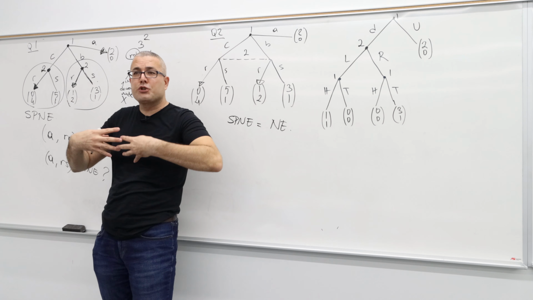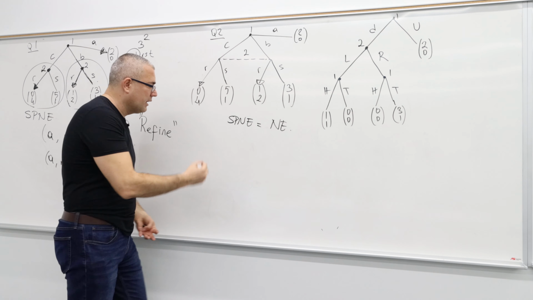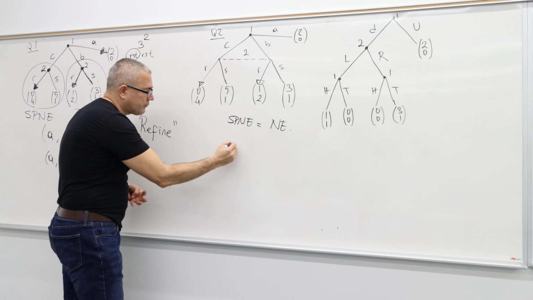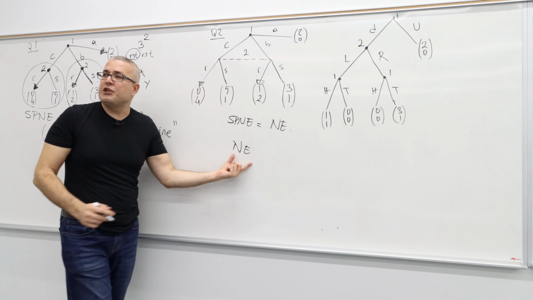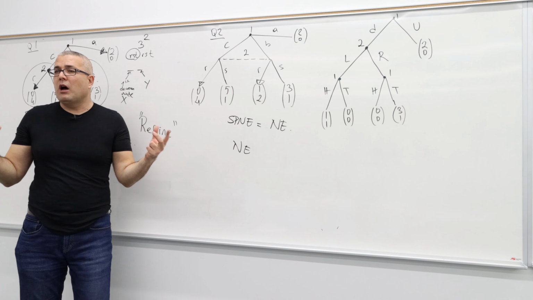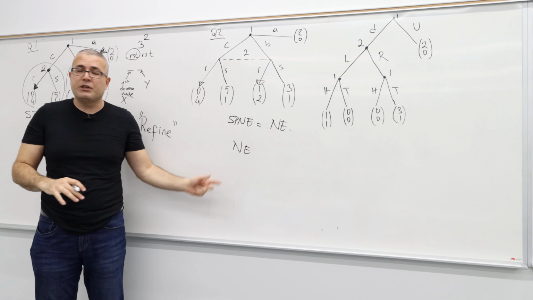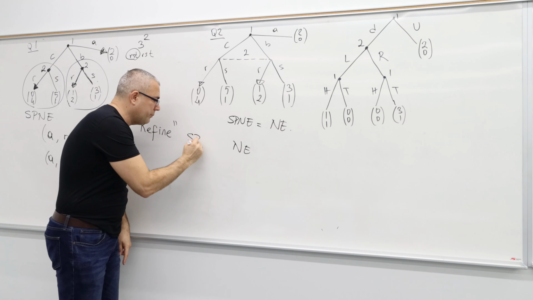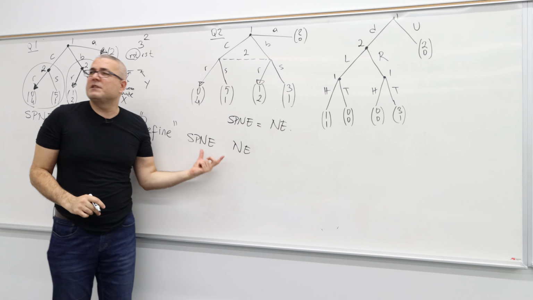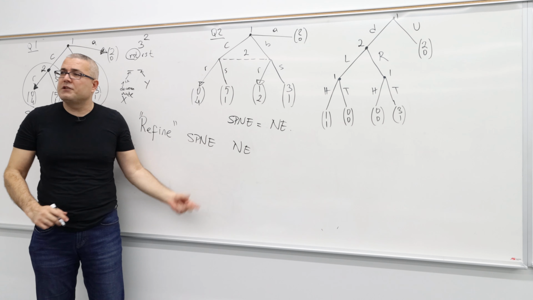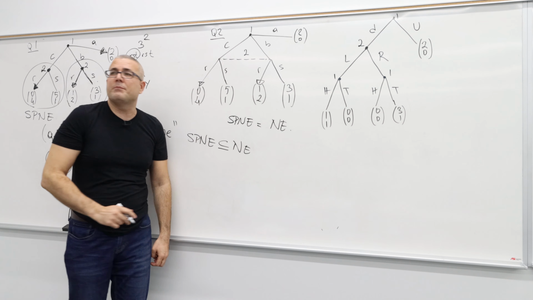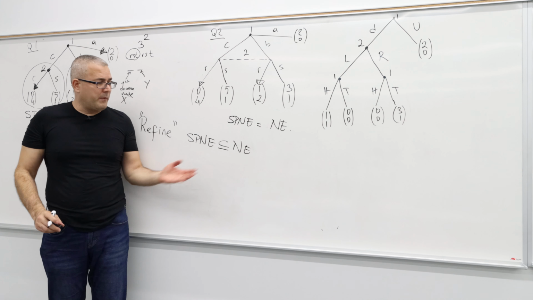All right? So it's stronger than Nash, meaning in any game, if you calculate Nash equilibrium strategies, probably there are going to be a bunch of strategy profiles that are Nash equilibria, and there will be some subgame perfect Nash equilibrium strategy profiles, and it's always a subset of it, or maybe equal.